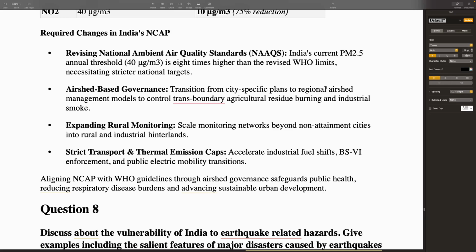Expanding rural monitoring: scale the monitoring network beyond non-attainment cities into rural and industrial hinterlands. Strict transport and thermal emission caps, accelerate industrial fuel shift, BS6 enforcement and public electric mobility transition.